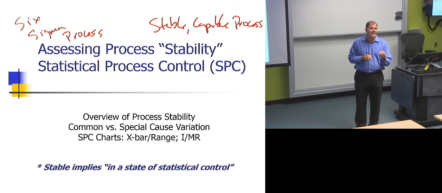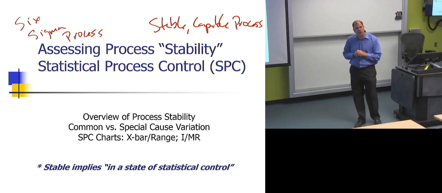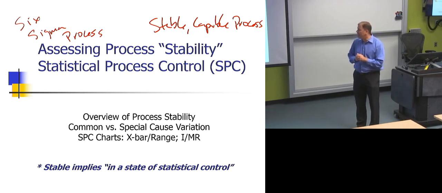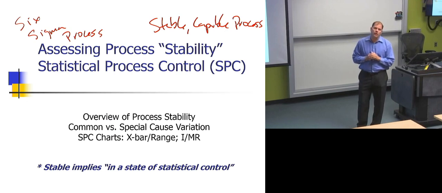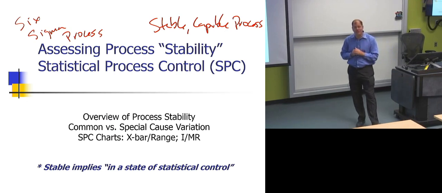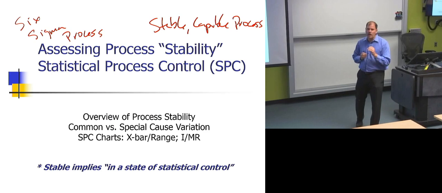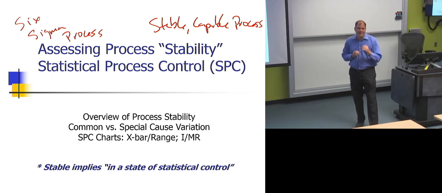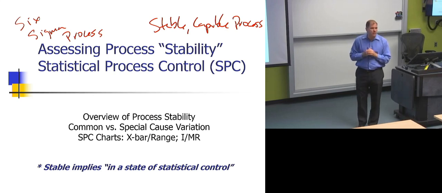Thus, we need a technique to evaluate whether our process is in a state of statistical control, and we're going to use SPC, statistical process control, as our method to do that. It is by far the most widely used method to address the issue of stability. We can take entire courses on SPC, and some of you may have taken a university course on it.